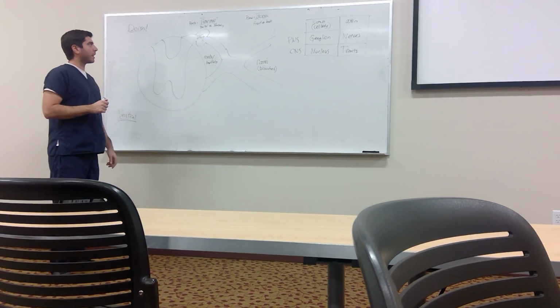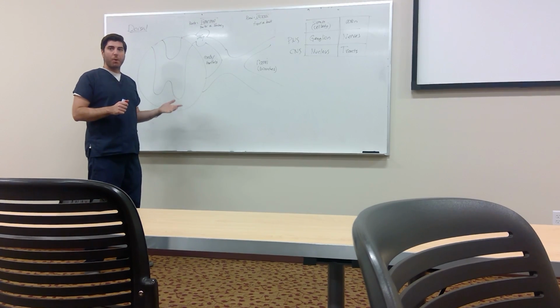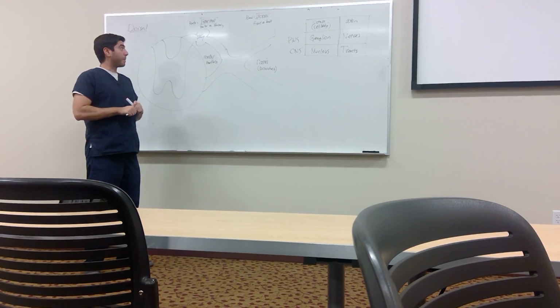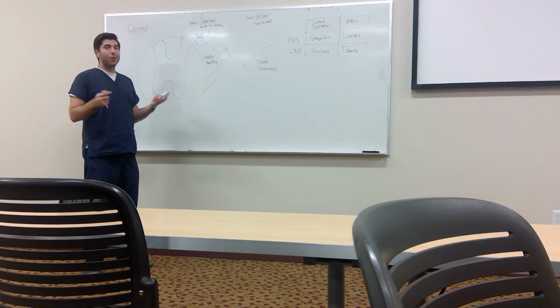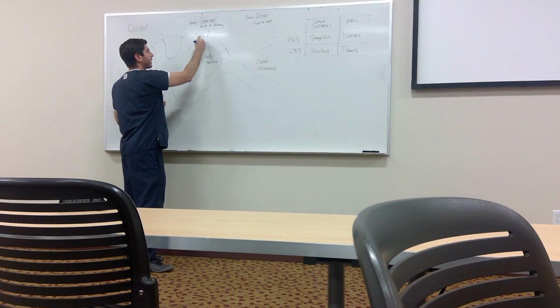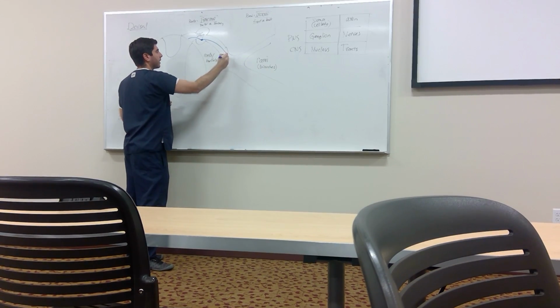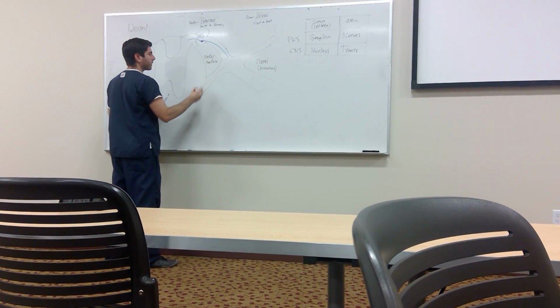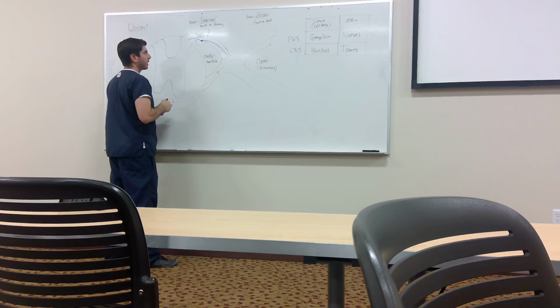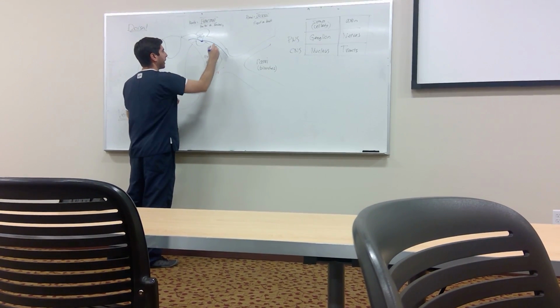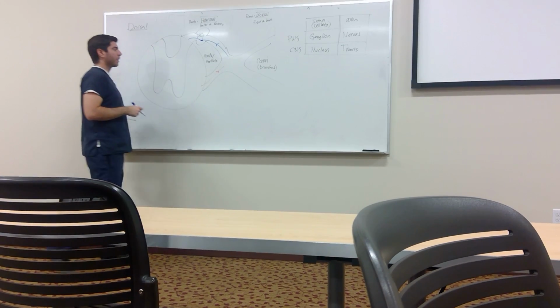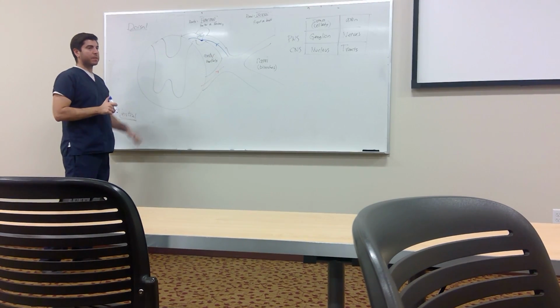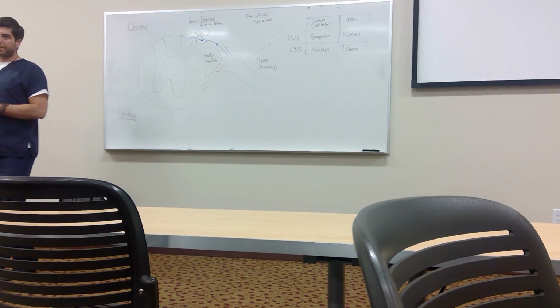This is organized by function, so one's for motor, one's for sensory. Which one is sensory? The one in the back? Dorsal, because of the dorsal root ganglion, that's the sensory thing. And then therefore motor is going to be in the front. Motor is going to be going out, sensory is going to be coming in. We won't talk about what happens after that yet.